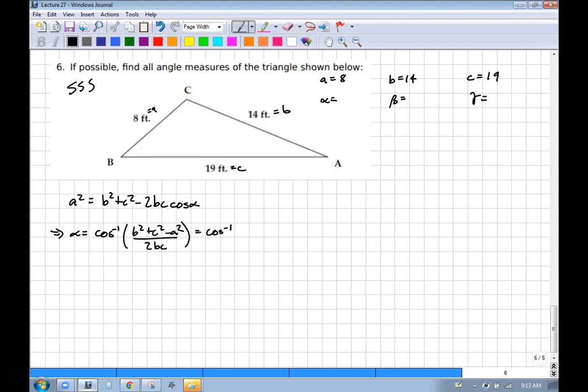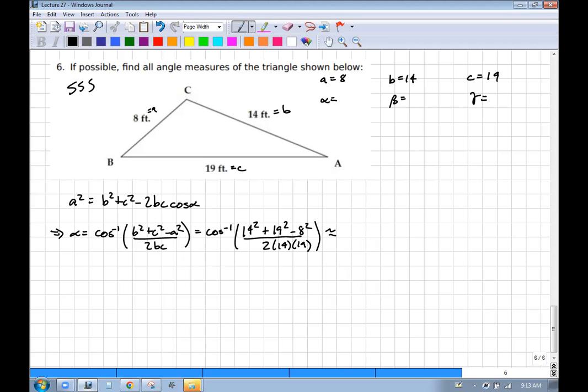Which would be 14 squared plus 19 squared minus 8 squared over 2BC. Let's see if I can plug this into my calculator without messing it up.